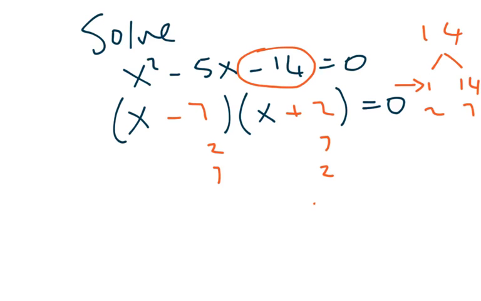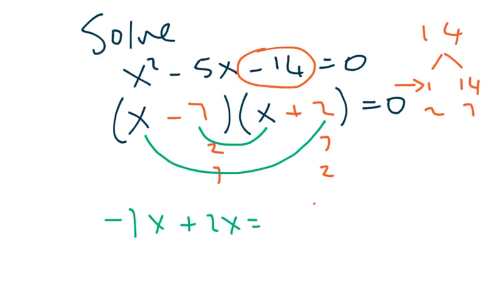That's good. And also when I multiply this out, I'm going to get minus 7 multiplied by x, which gives me minus 7x. I'm also going to get x multiplied by plus 2, which is plus 2x. And minus 7x plus 2x is equal to minus 5x, which is here.